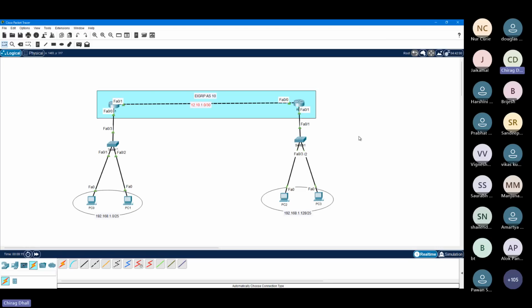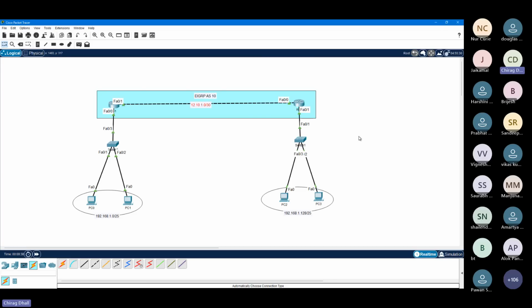So can I say I am meeting all the three criteria? What were the three criteria? Same subnet, same autonomous system number, and same K values. So we are meeting all three. That means EIGRP neighborship will come up.